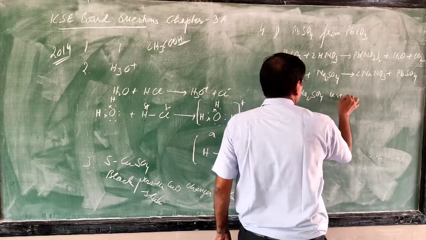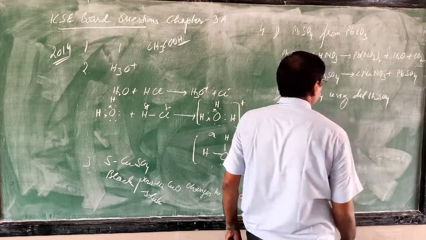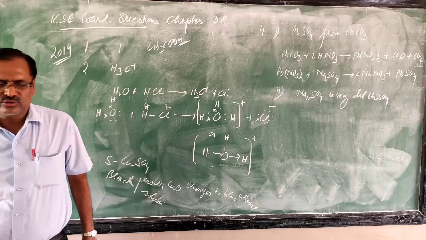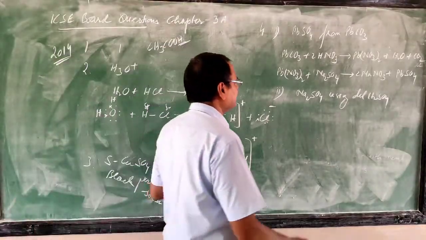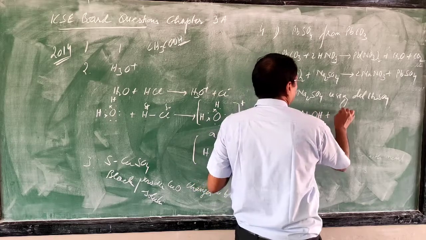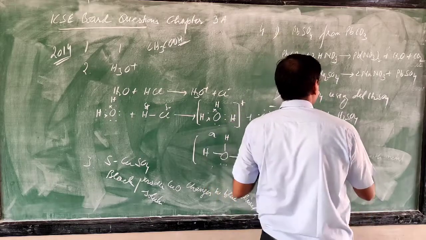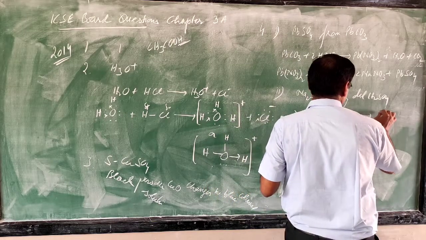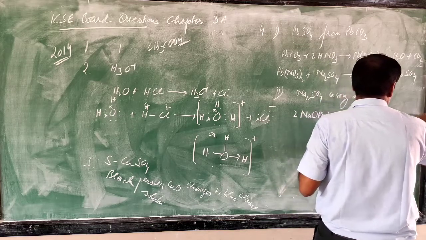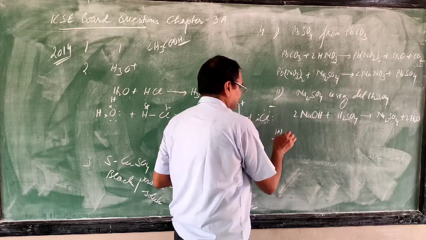It is very simple, we can take an alkali: two molecules of sodium hydroxide react with dilute H2SO4. This will form Na2SO4 plus 2H2O. In this way we can do it.